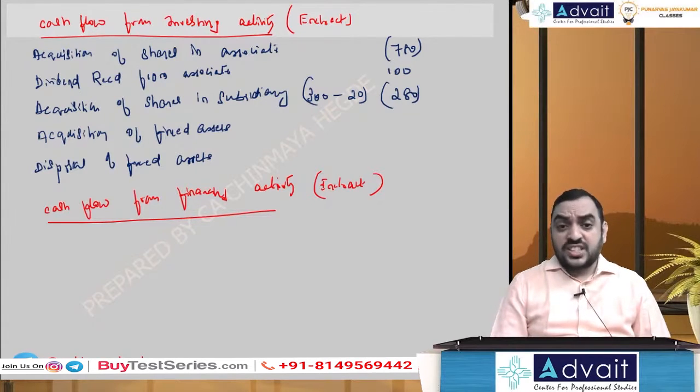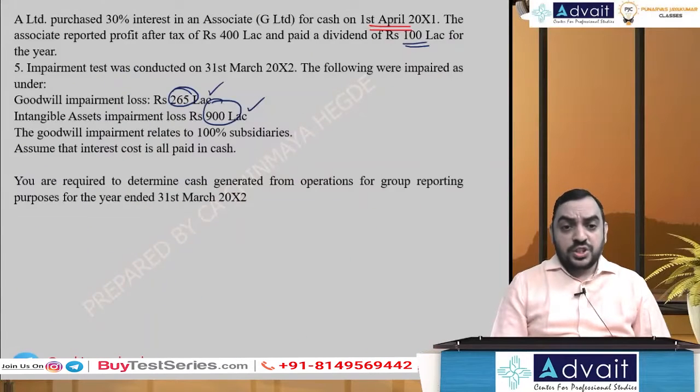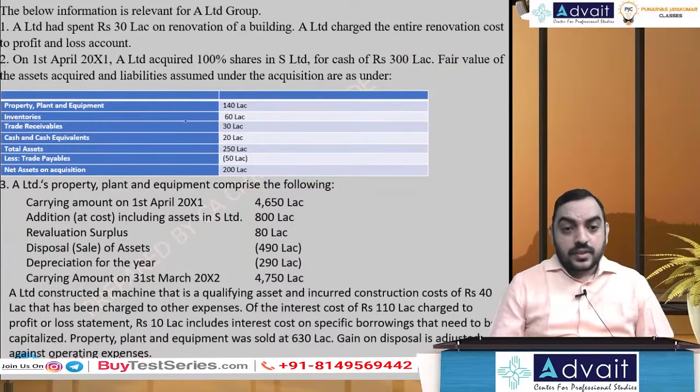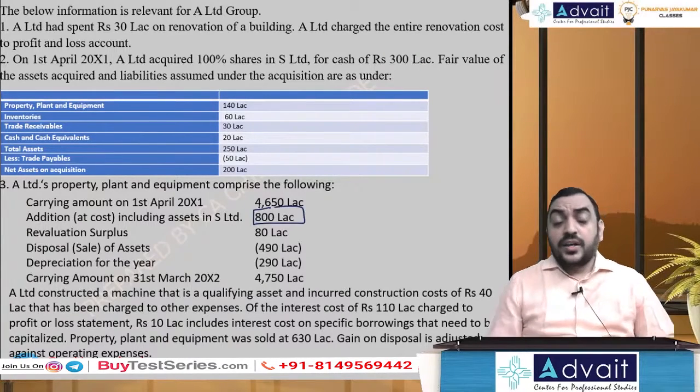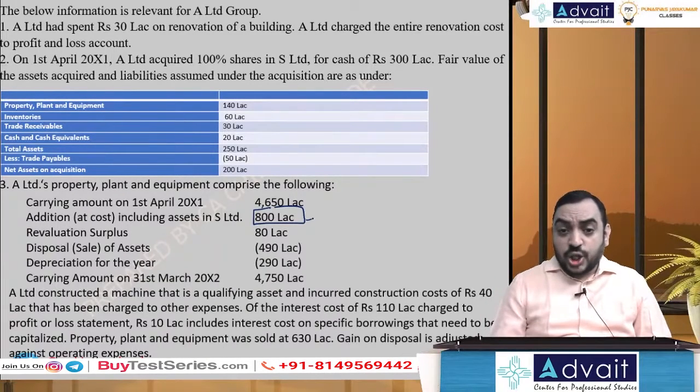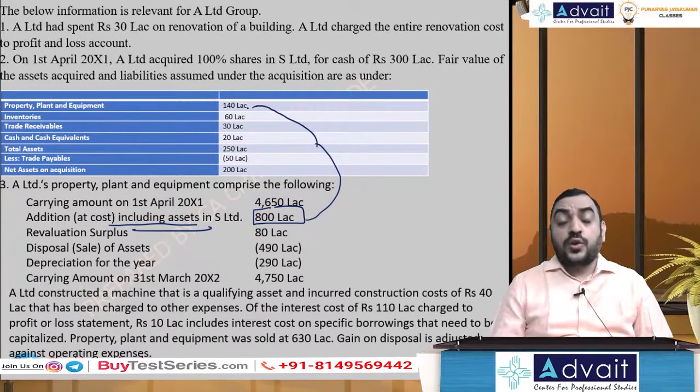Acquisition of fixed assets is how much? They have given additions 800 lakhs. But will I take this 800 lakhs additions? No. 800 includes, they also said, including assets in Nest Limited for 40 lakhs.